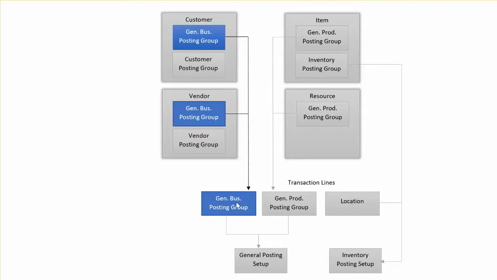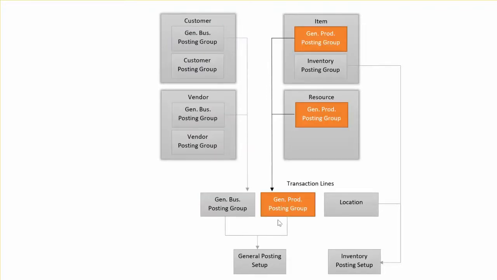That is the who. Who are we selling to? Who are we buying from? The general product posting group is set as a default on the item card or the resource card. This is the what. What are we buying? What are we selling? So on the transaction line, the purchase order or sales order line, it automatically defaults from that setup depending on the item or resource that you've put on the line to process.